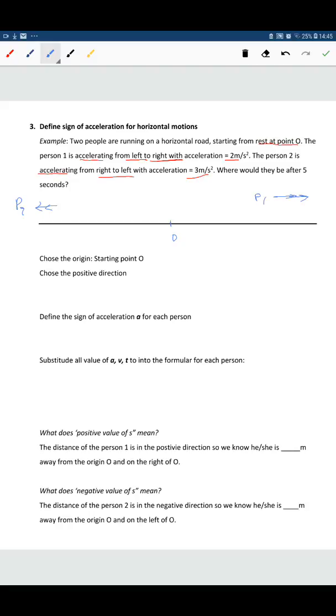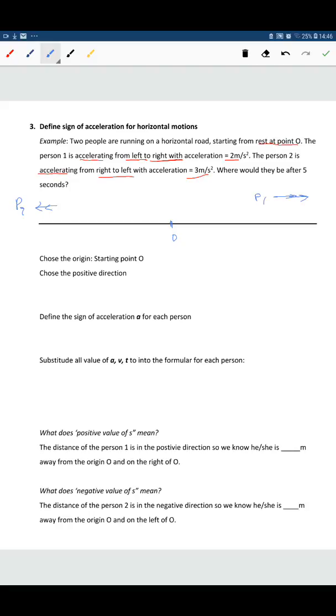Now the first thing we do, we choose the origin. The origin point is O. I just choose it because it makes our lives easier, because they are both starting at O. Then we need to choose the positive direction. You can choose either left to right or right to left as the positive direction.